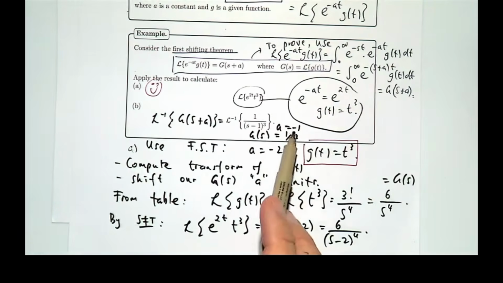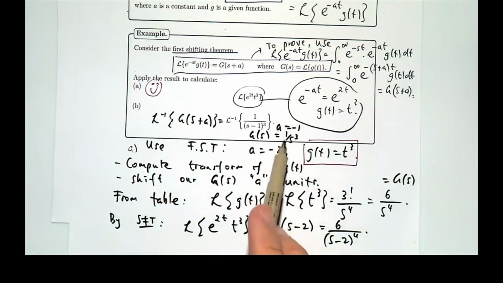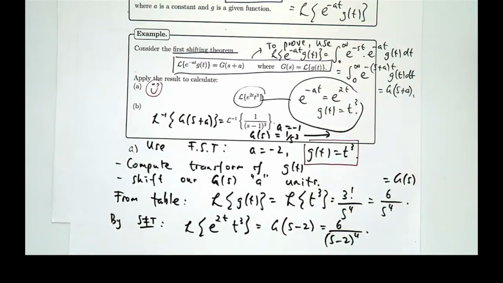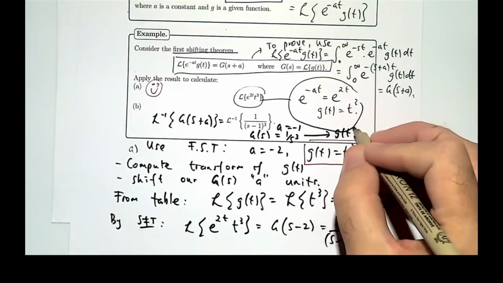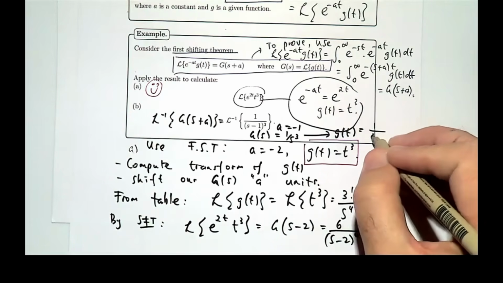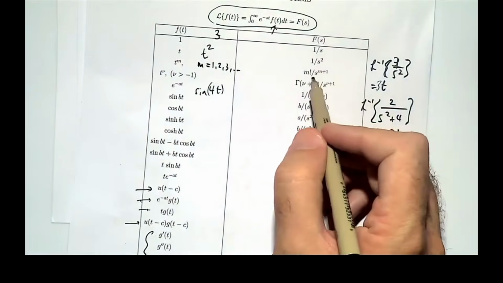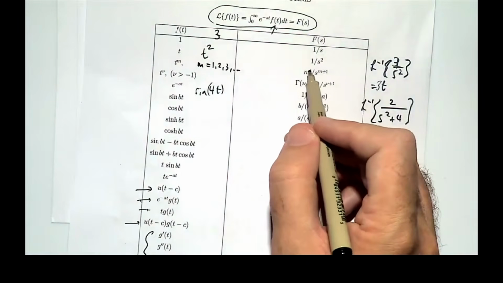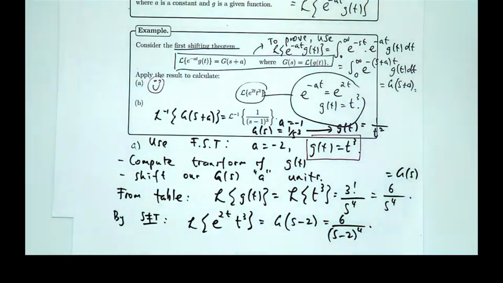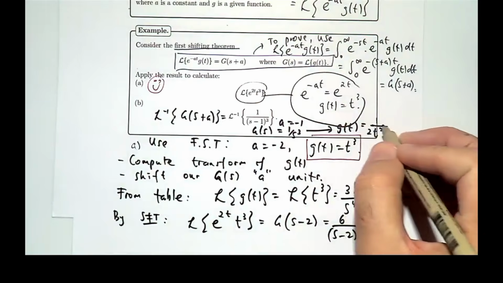And then we're going to inverse transform that. So we can go up here. It's not quite what we want. It's not 2 on s cubed, it's only 1. So we have to divide by the 2, which is what you're saying. Okay?